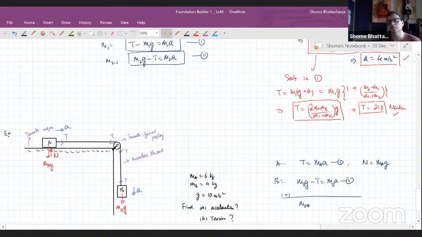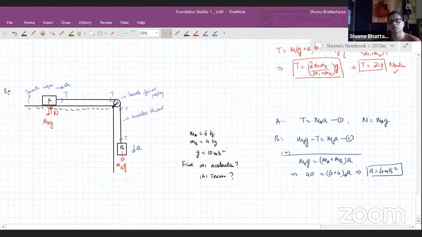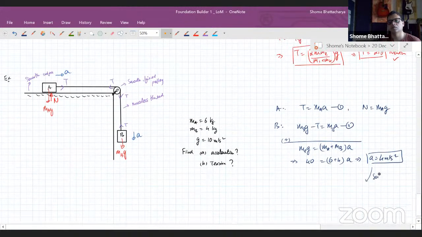You get this over here, or in this case 40 newtons is equal to 10a. So you're getting the acceleration as 4 meters per second square. Finally substitute that in equation 1, and you will get the tension as 24 newtons.